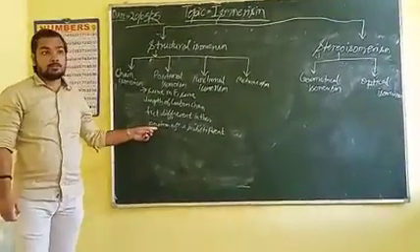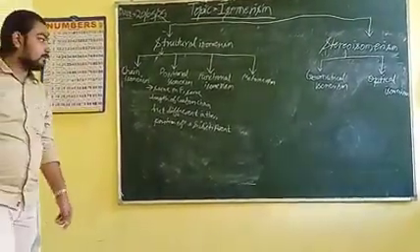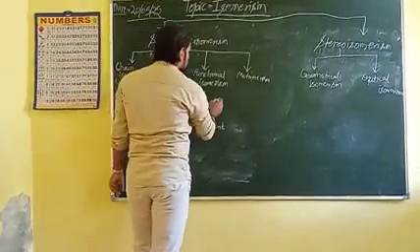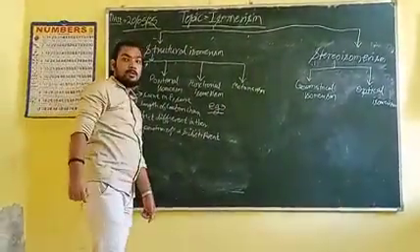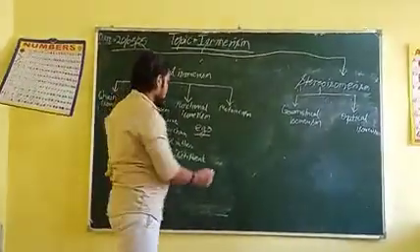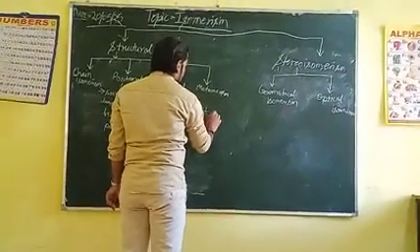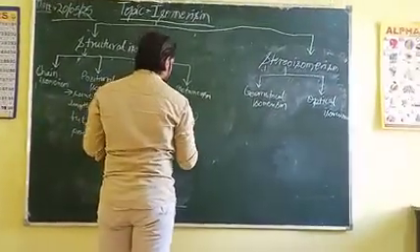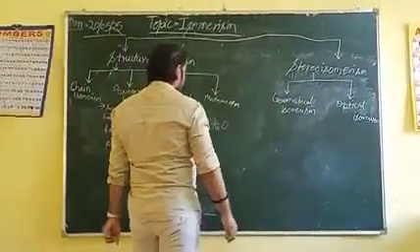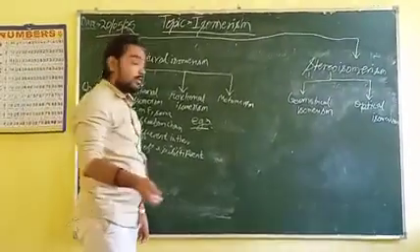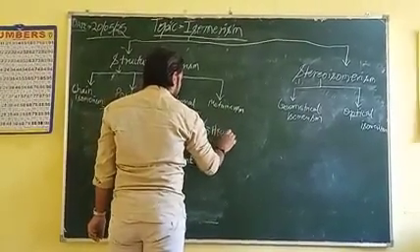Now we take an example to understand positional isomerism more clearly. Example of C3H8O.